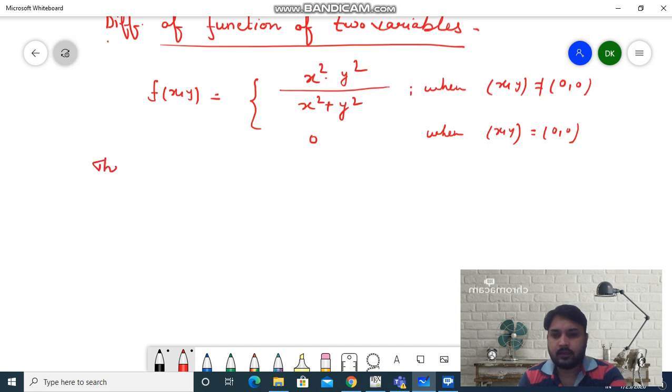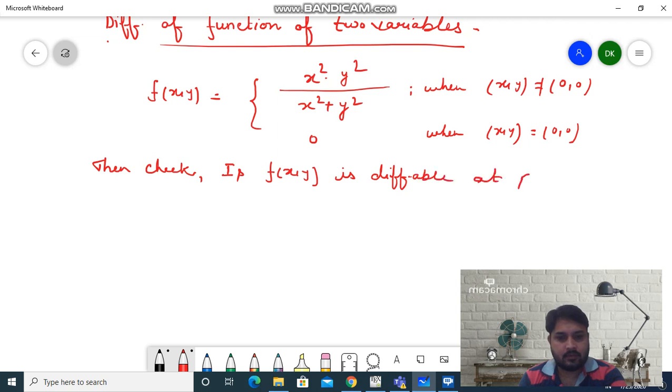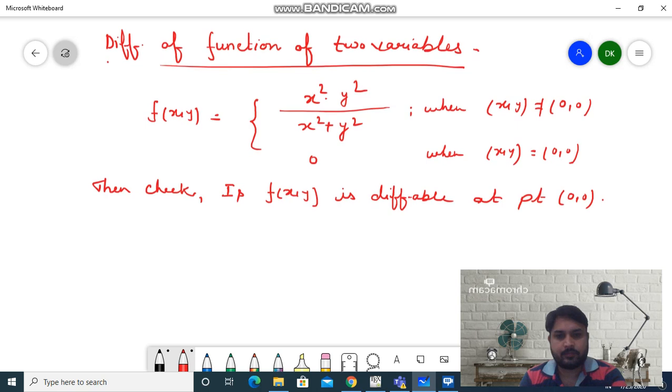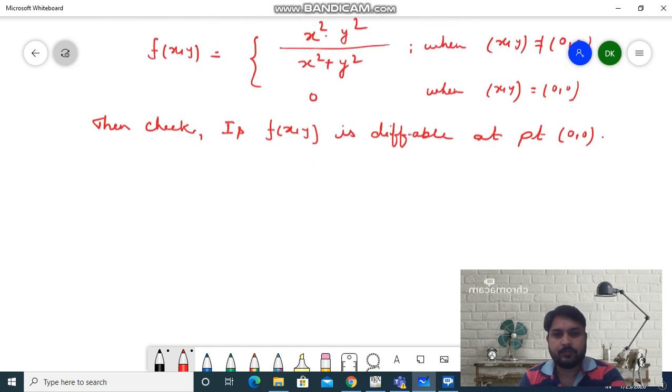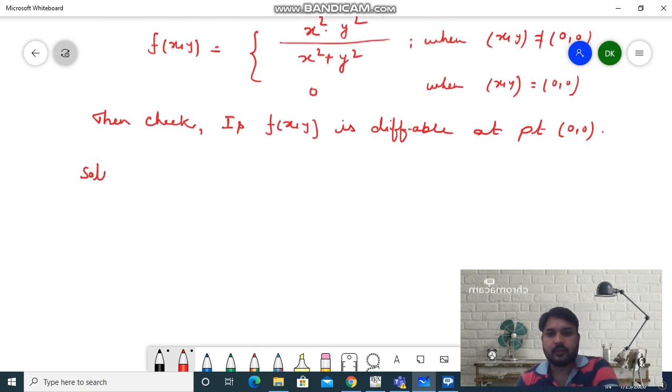Then check whether f(x,y) is differentiable at the point (0,0). So let's start its solution.